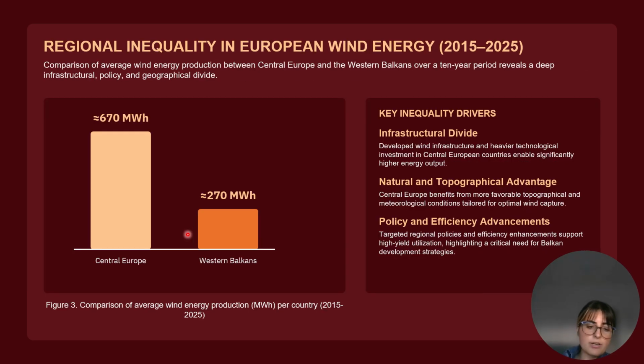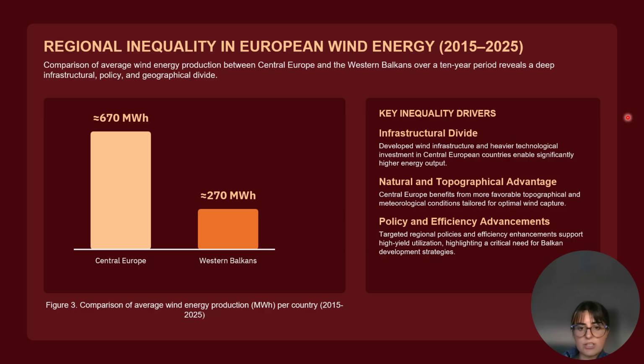Here we have a comparison of average wind energy production per region: in Central Europe we have 670, while in the Western Balkans we have 270. These inequality drivers are based on the infrastructural divide, natural and topographical advantages, and policy and efficiency advancements.